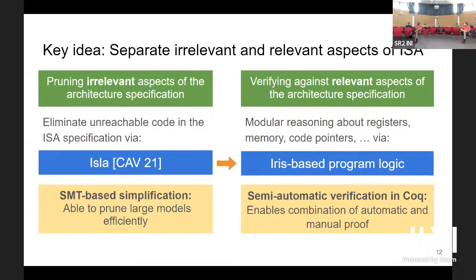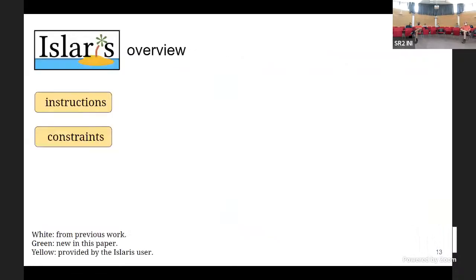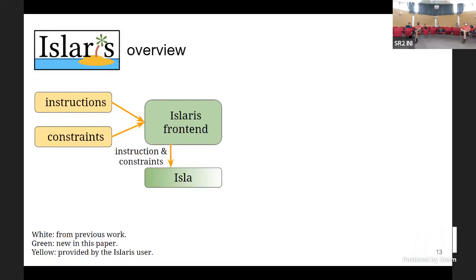That is a slightly simplified pipeline, and I'll show a slightly more detailed pipeline in a second. So how does using Islaris actually work in practice? You take the instructions of the program that you want to verify and some constraints that you believe hold at various points throughout the execution. You feed all of that into the Islaris front end, which is the software that we've written, that takes all of those instructions and feeds them individually into Isla.